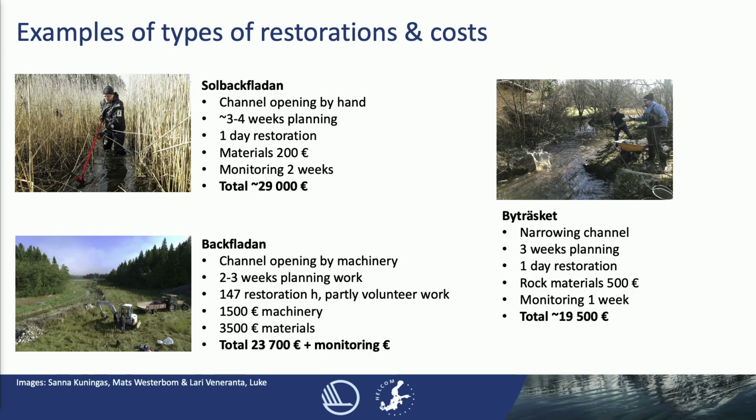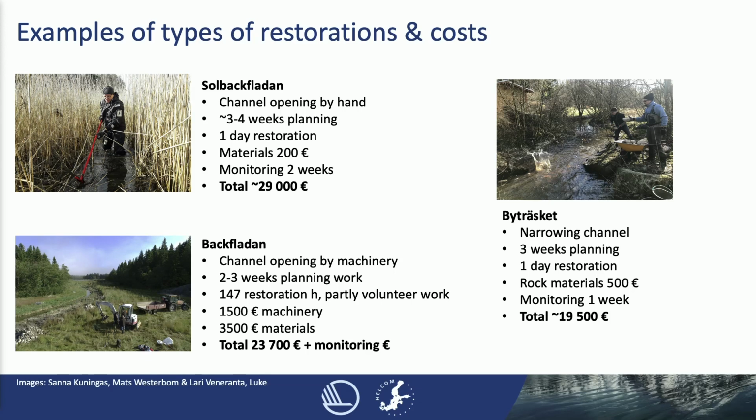In the upper example, light methods such as opening these channels by hand can be used. But in some locations it might be a bit more challenging and you need some machinery to work with. And then, of course, the costs get a little higher when you need to hire the machinery, and the materials can also be quite costly.